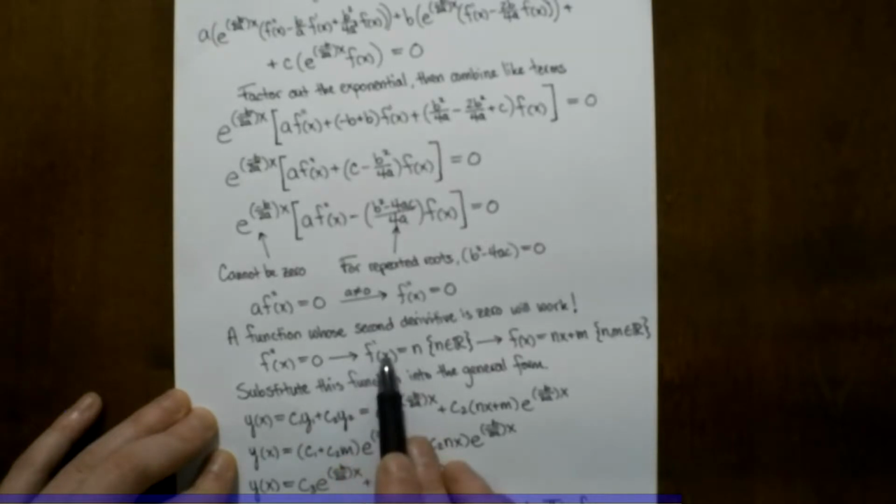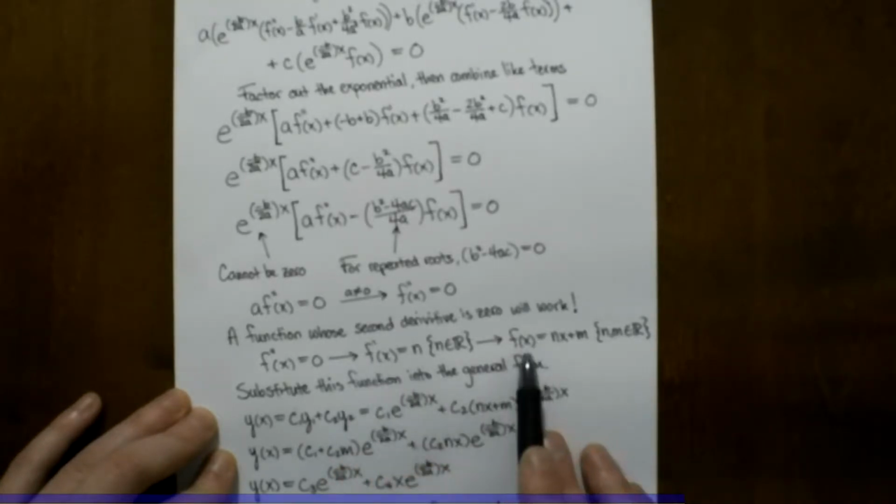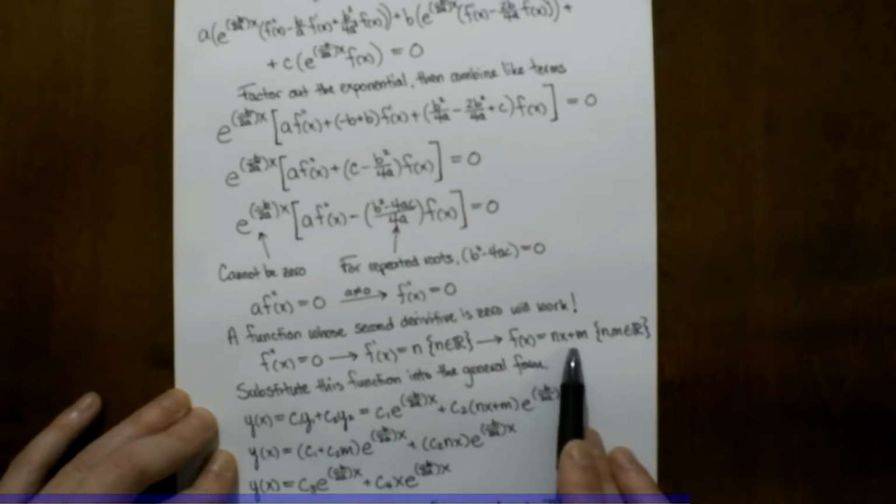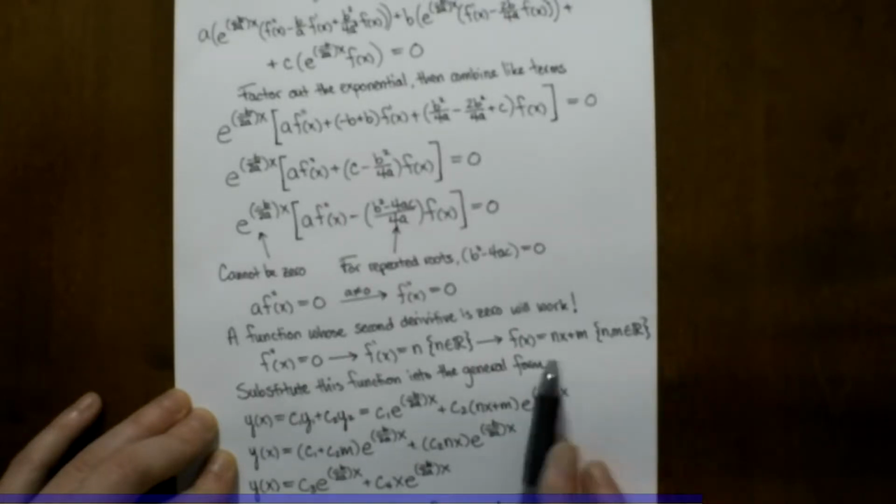So let's undo the other derivative and see what f of x could be. Well, that could be, per se, a linear equation. So regardless of what n or m are here, as long as they're elements of real numbers, and this takes a linear form, this will have, in fact, a 0 second derivative.